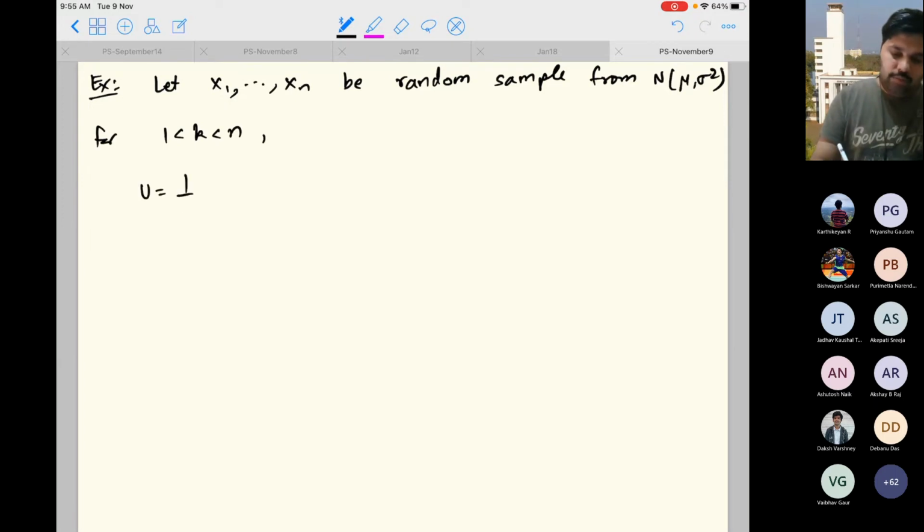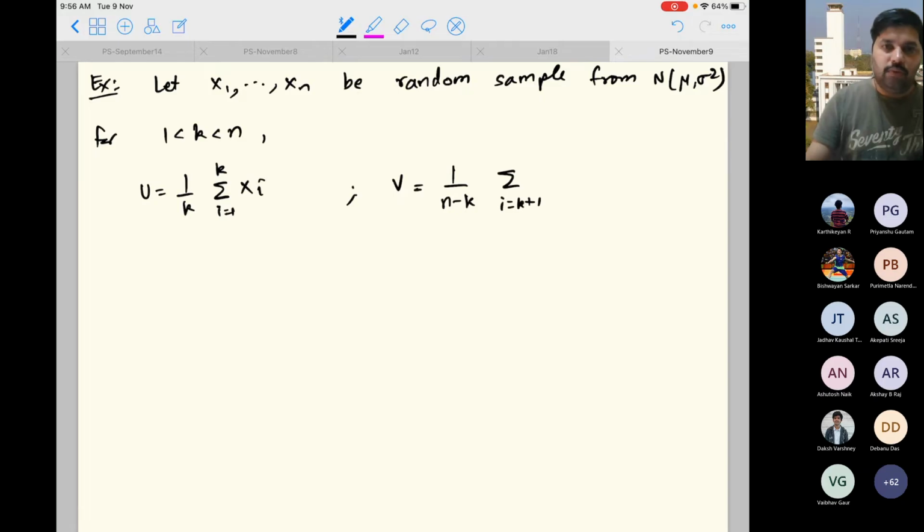We define U to be equal to 1 upon k summation xi, i from 1 to k. We define random variable V to be equal to 1 upon n minus k summation i from k plus 1 to n of xi. So what I have done is divided the given random sample x1, x2, up to xn into two parts, x1 up to xk and xk plus 1 up to xn, right?